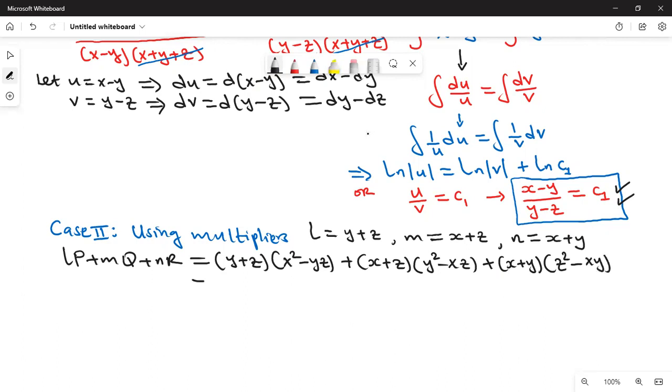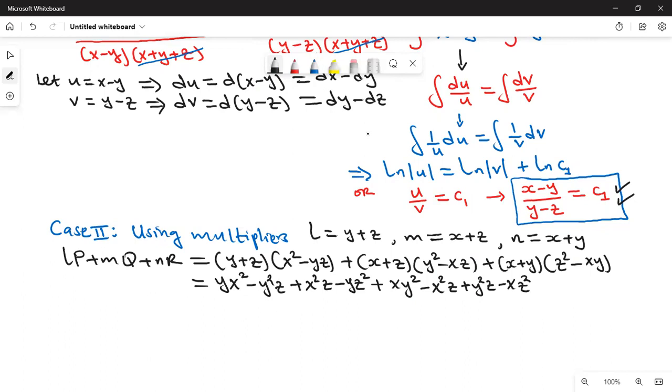Let me open the bracket. When I multiply by y, I'm going to get yx squared minus y squared z plus x squared z minus yz squared. I've opened the bracket in the first term. The second term, if you open the bracket, you're going to get xy squared minus x squared z, then plus y squared z minus xz squared.